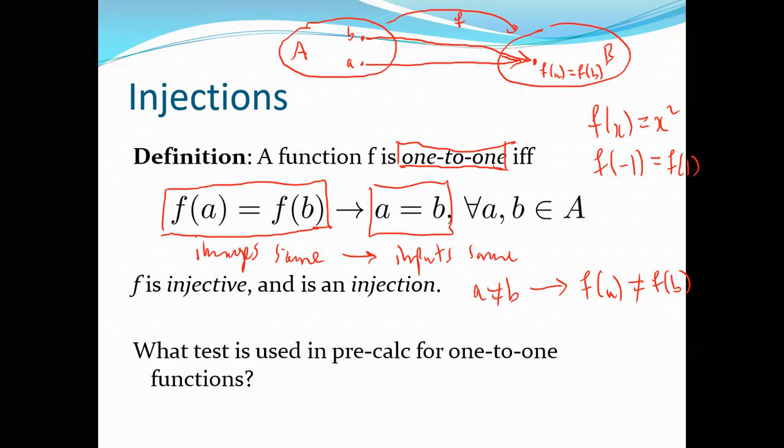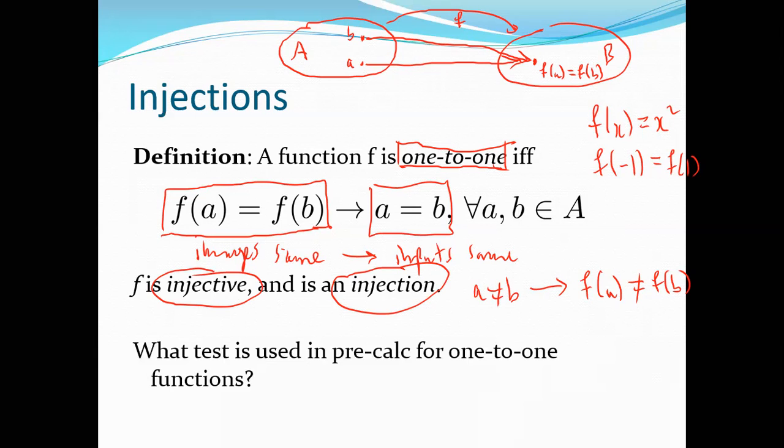So if I have two different inputs, I better have two different outputs. But that's the same thing as the images being the same forcing the inputs to be the same, yes? We're getting pretty sophisticated with our logic. So one-to-one means the same thing as injective or being an injection. Those are all equivalent terms.